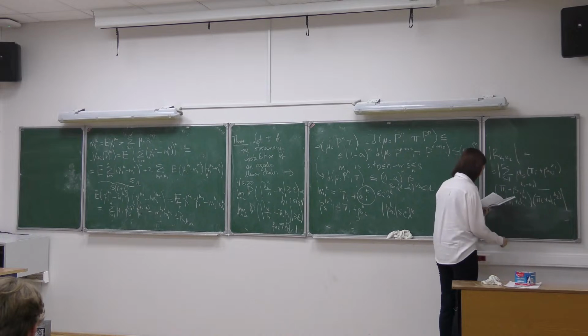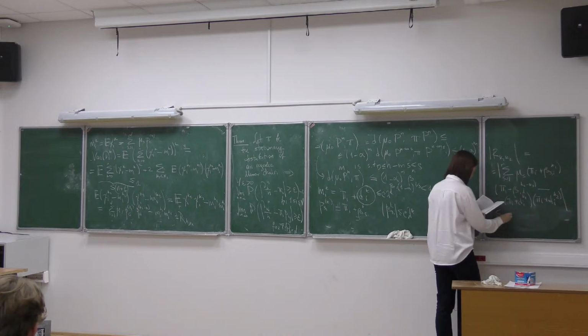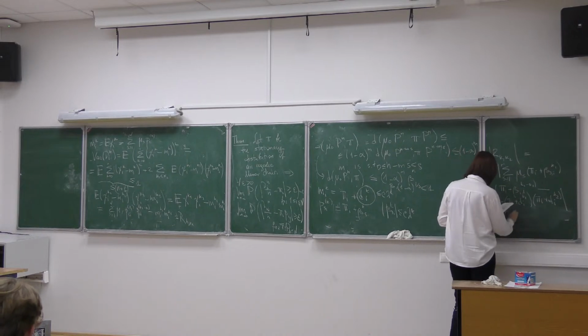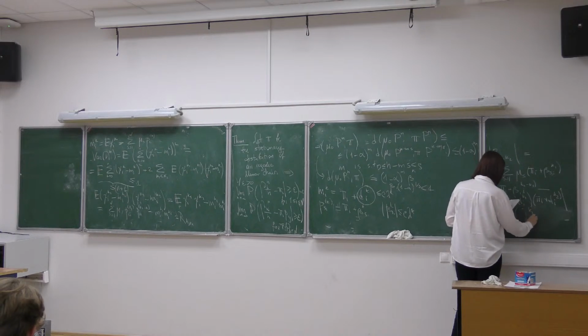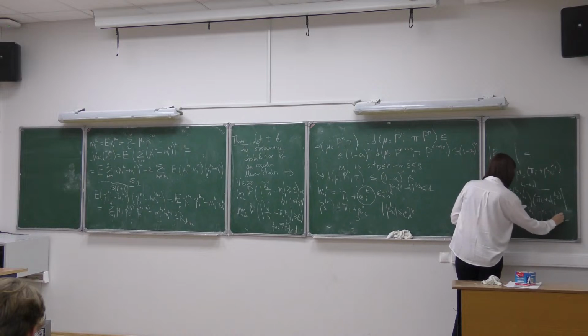So all these things just result in the fact that we have some unclear constant times lambda k1 plus lambda k2 plus lambda k2 minus k1.